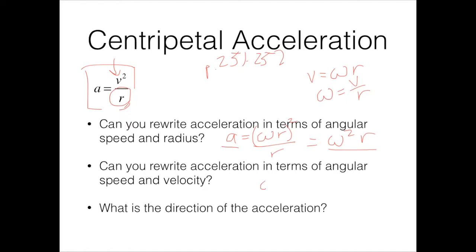Then I would have omega times v over r times r, which would be omega v. So omega v would give me the acceleration. Now keep in mind, this is not angular acceleration, this is just the acceleration of the car going around the outside of the track. Again, remember that the direction of the acceleration is always going to be towards the center of the circle, and that's going to be very important as we continue to go through.